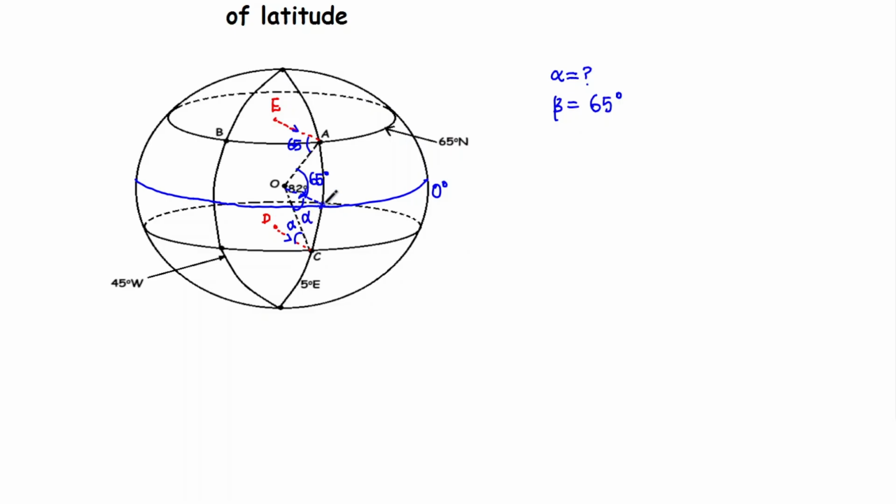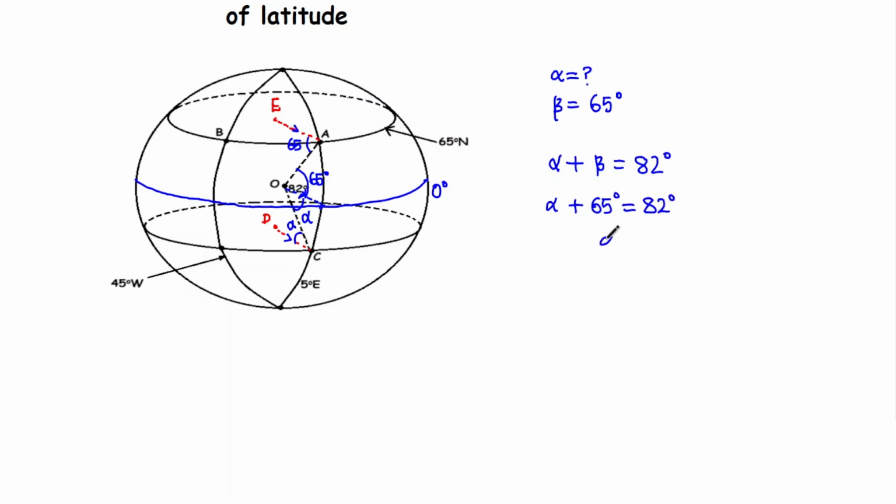You can have this one as alpha. Now you can see from here that the sum of these two, because they're from different hemispheres, will give us this angle here. So simply we add the two angles together, given what we have just notated here: alpha plus beta must give that angle, 82. We substitute for beta because we know it as 65 degrees, and this must be equivalent to 82 degrees.